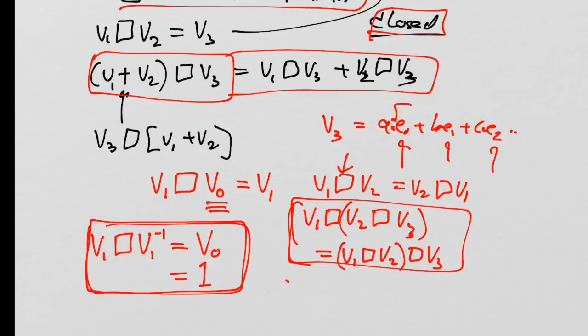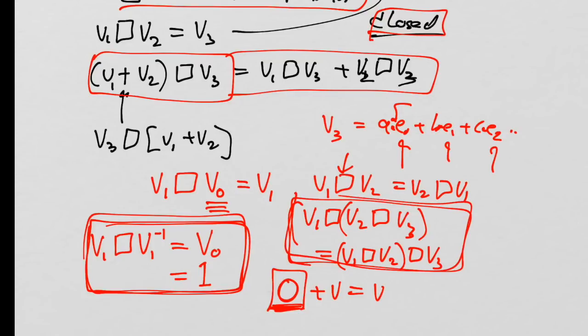The additive identity, which we call 0, meaning the vector 0 plus any other vector equals that vector. This guy does not have a multiplicative inverse, right? But every other vector except for the additive identity has a multiplicative inverse, and this whole thing must be associative. A field must be associative.